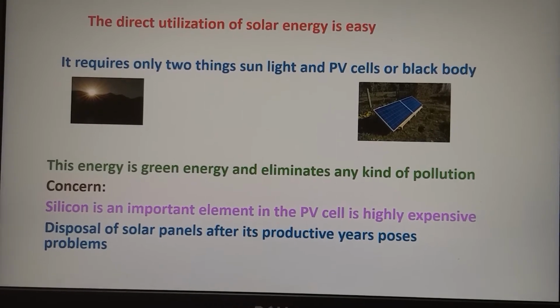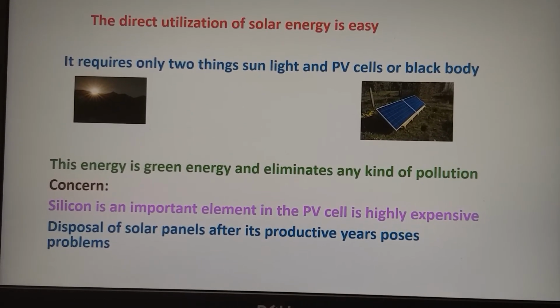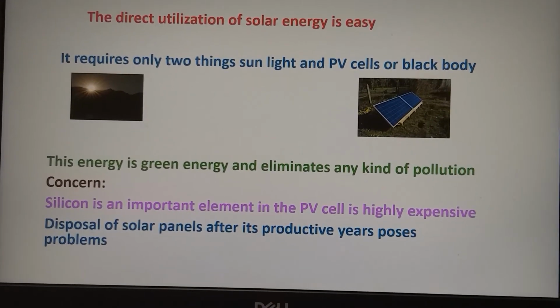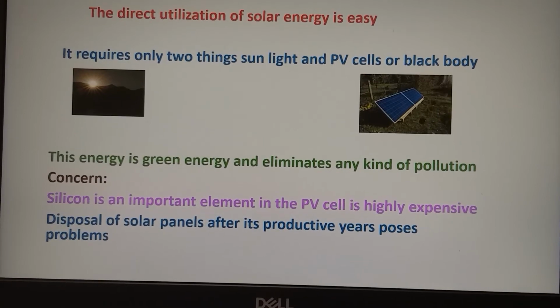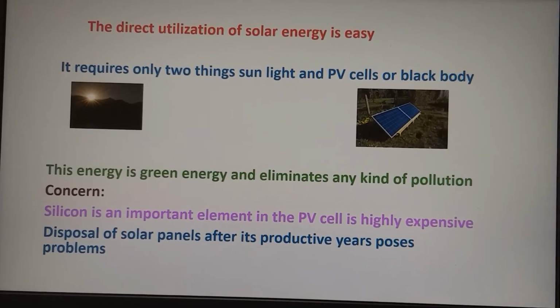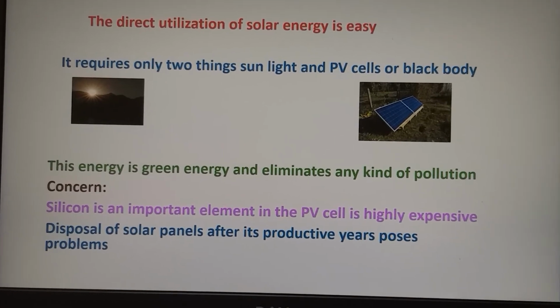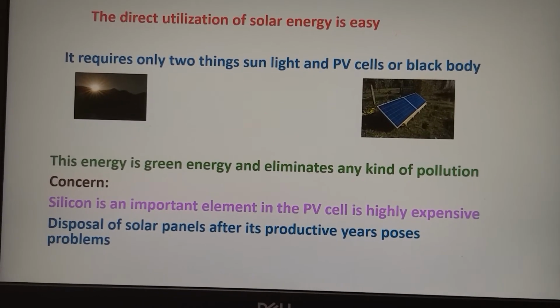But there is a major concern that silicon is very expensive, and silicon is an important element in the PV cell. Another important thing is its disposal after its productive years are over.